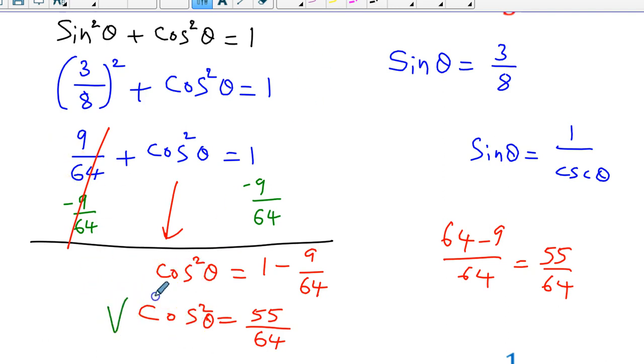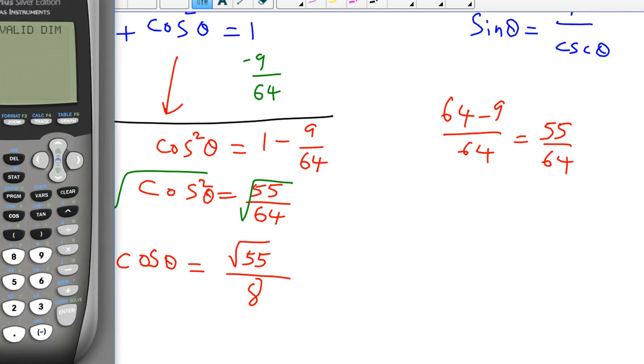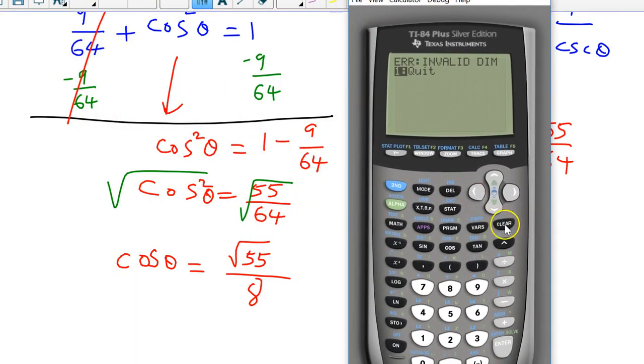Right, in the problem they are looking for only cosine. So take the square root on both sides. Taking the square root on both sides will give us the square root of cosine square theta, which is only cosine theta. So cosine theta is equal to the square root of 55, and 55 is not a perfect square, so I'll leave it as square root 55 over the square root of 64, which is 8. Now also here, if you want to verify using a calculator, we will do it.